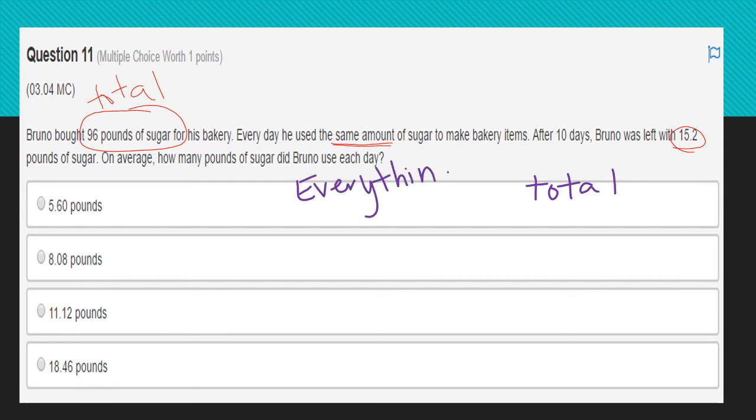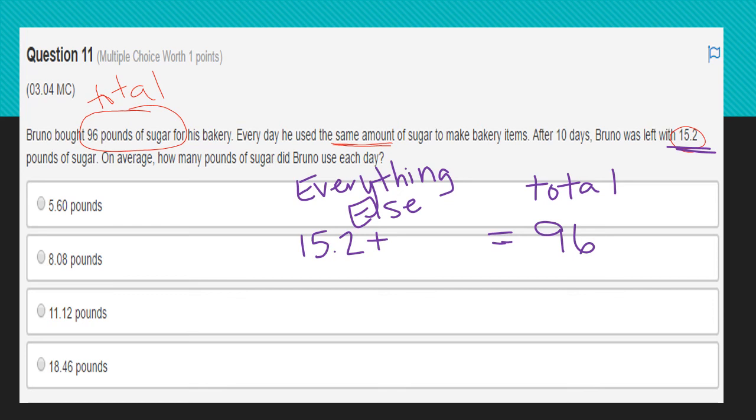So if we're looking here and we're trying to figure out how to write this, we know that he's purchased a total of 96 pounds of sugar. So when we set this up, we also know that he had 15.2 pounds left. So if we could take our 15.2 pounds and we could add whatever he used per day.